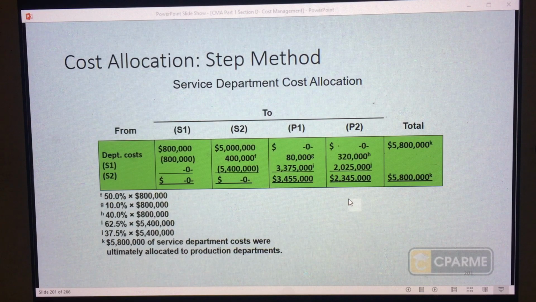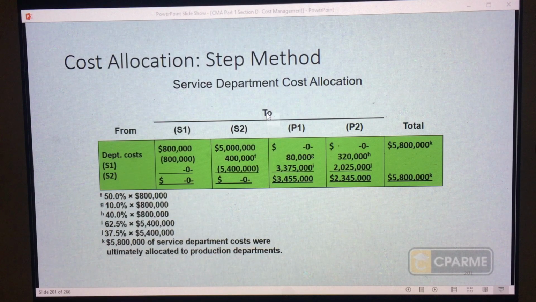And based on the cost drivers, we are going to allocate 62.5% of the 5.4 million pesos to P1. And then 37.5% of the 5.4 million will go to P2. So the $5,800,000 of service department costs will ultimately be allocated to your production departments.